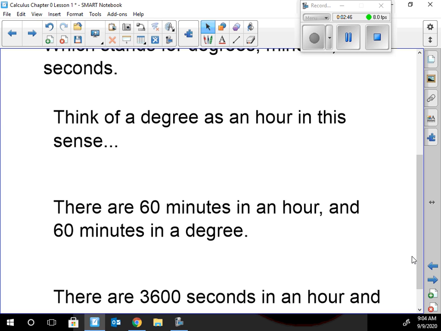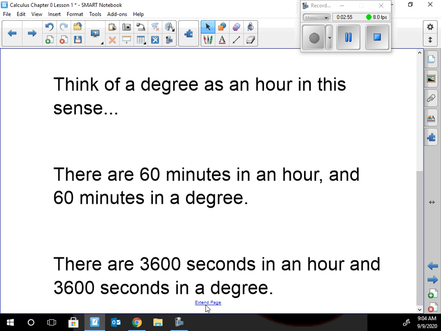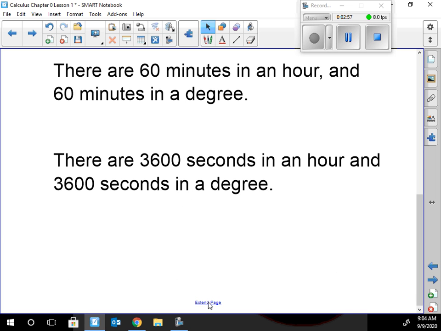There are 60 minutes in an hour and 60 minutes in a degree. Same thing with seconds. There are 3,600 seconds in an hour and 3,600 seconds in a degree. So whenever we're doing these conversions, it's important to remember those things.